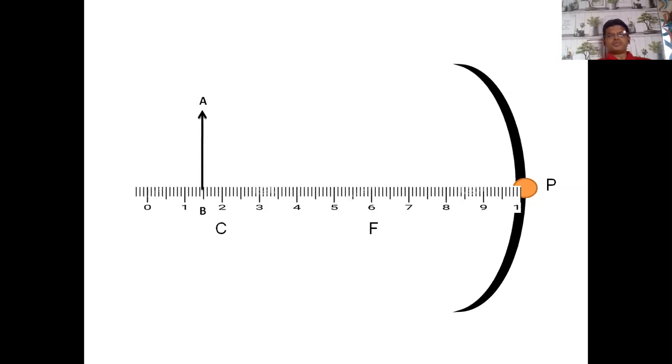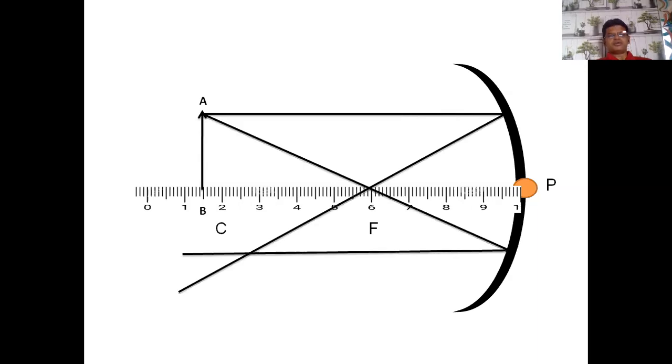First we put object AB at C. From A, we pass two rays as per the rules, and when both rays meet each other, that is the image A dash B dash. This image forms between C and F, and its nature is real and inverted, and the size is smaller compared with the object. This way you draw any one image.